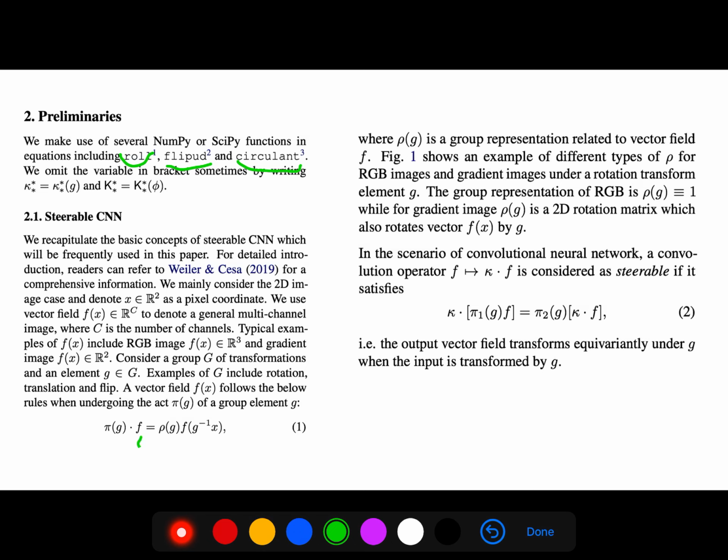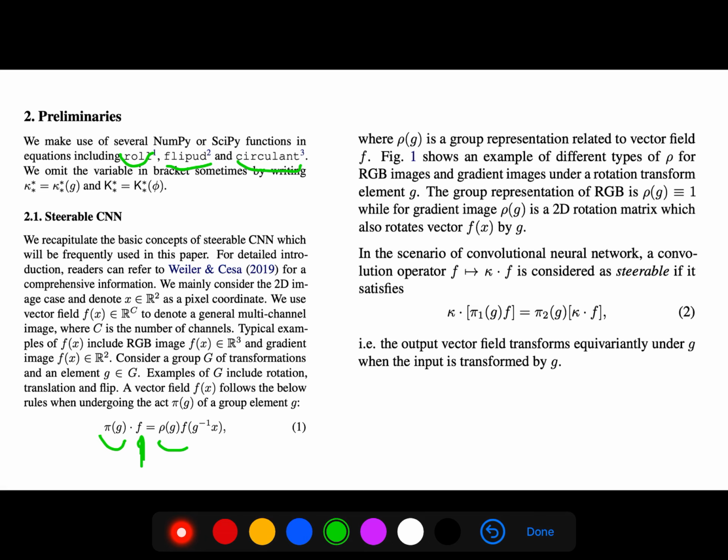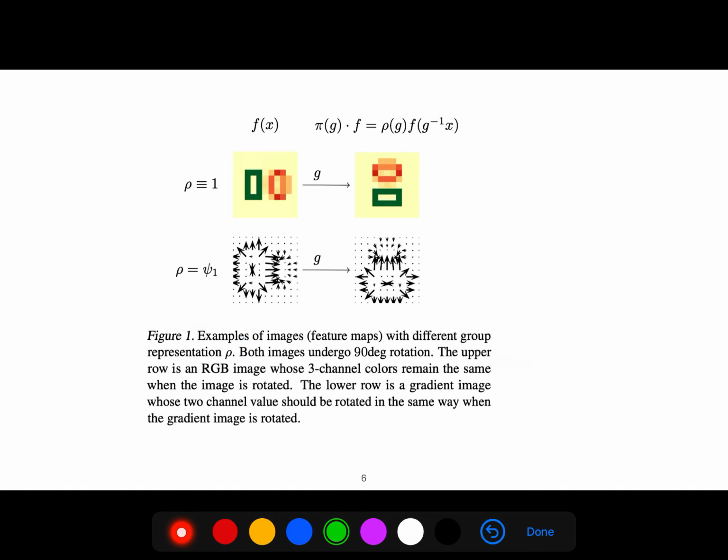So you know that a vector field F follows this rule when acted on by pi of g, for a group element g, where rho is the group representation related to the vector field F. This figure shows an example of different types of representation rho for RGB images and gradient images under rotation transform.